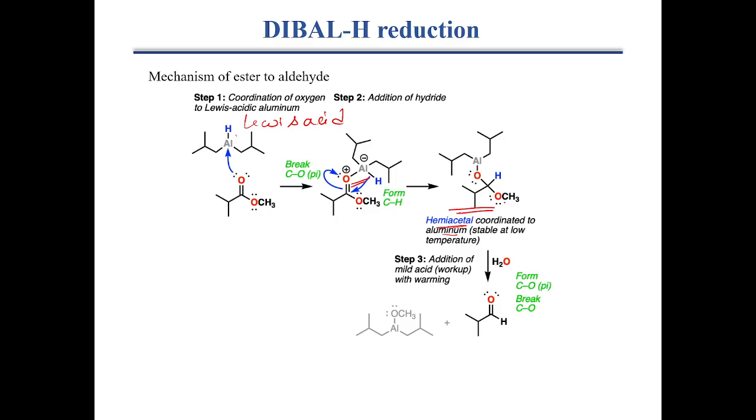So why does this reaction happen at low temperature? Now this hemiacetal, as we all know, what is an acetal? An aldehyde in presence of this reaction condition forms a hemiacetal or acetal.